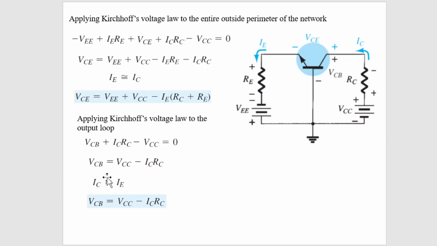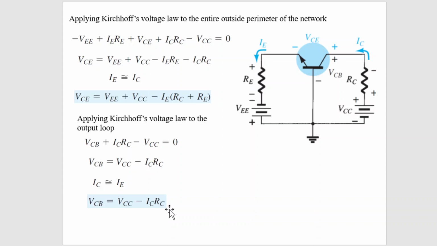So VCB will be equal to VCC minus IC into RC. We have approximated that IC is equal to IE. Because IE is known, we know the value of IC. So VCB is equal to VCC minus IC into RC, or we can write VCB is equal to VCC minus IE into RC. Both are the same.